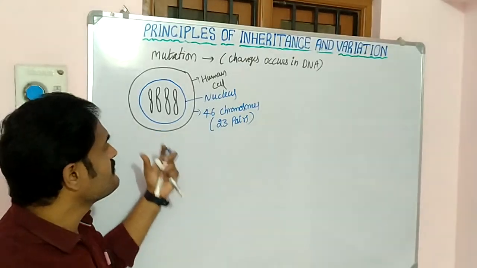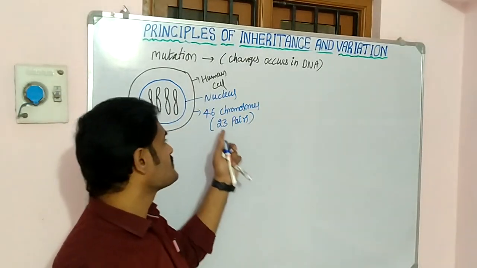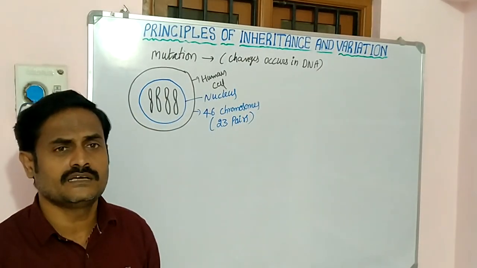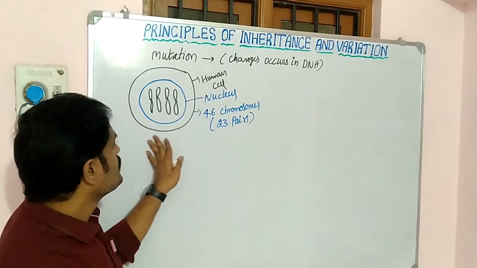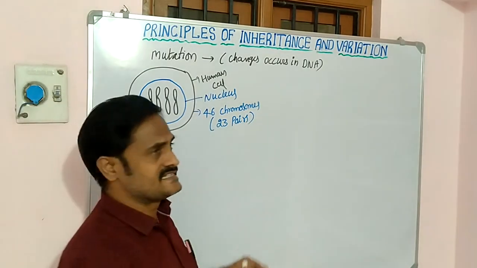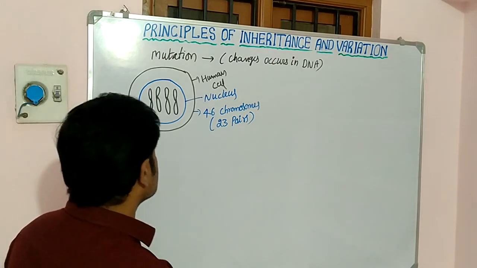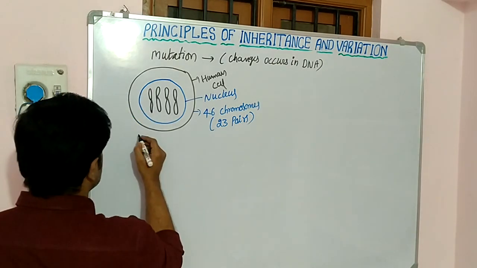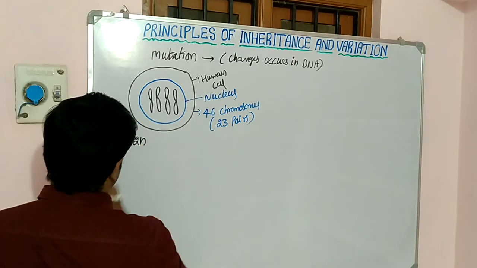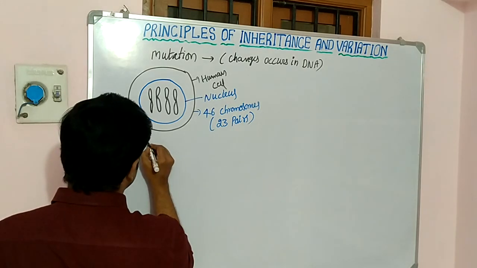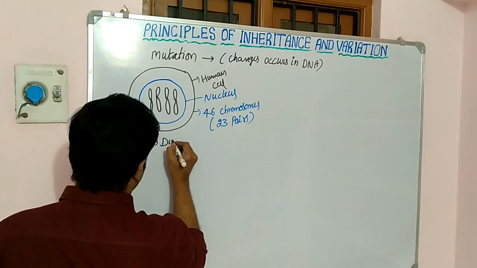So, each and every cell of our body consists of 46 chromosomes. This is a normal cell. Which condition is it? It is the 2n condition. So, what does 2n mean? Diploid.